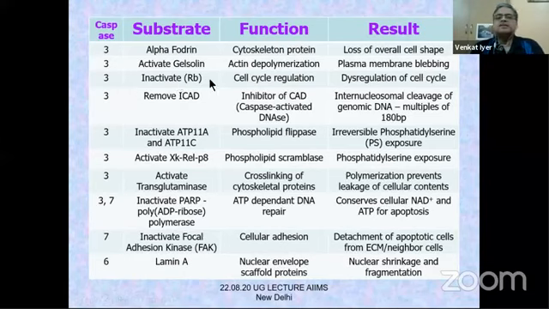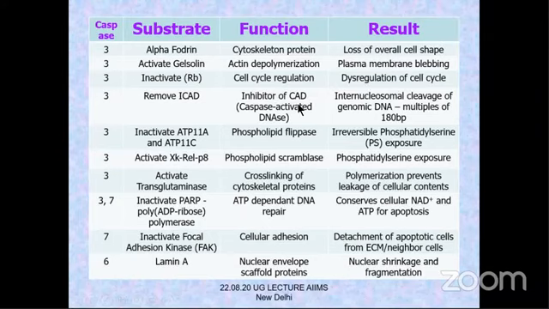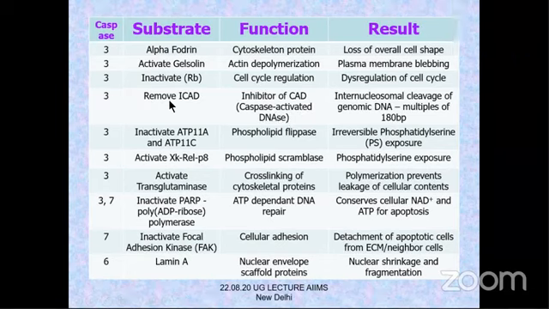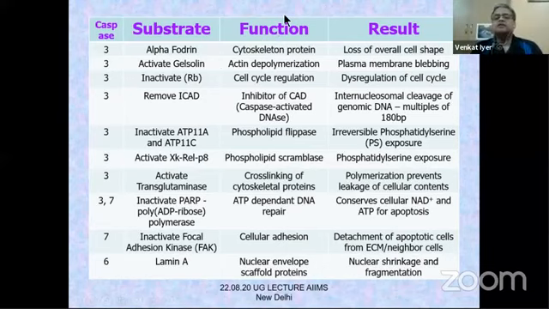It inactivates the retinoblastoma gene, which is a part of cell cycle regulation, and so it gets arrested or dysregulated. So inhibitor of caspase activated DNase is removed by the caspase 3, and therefore you have internucleosomal cleavage.